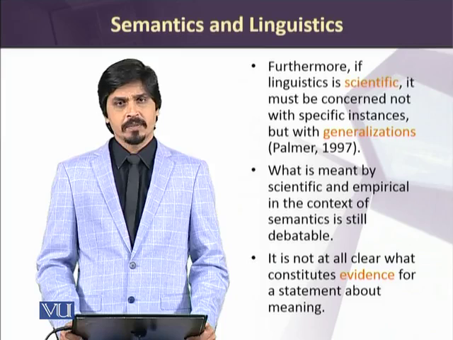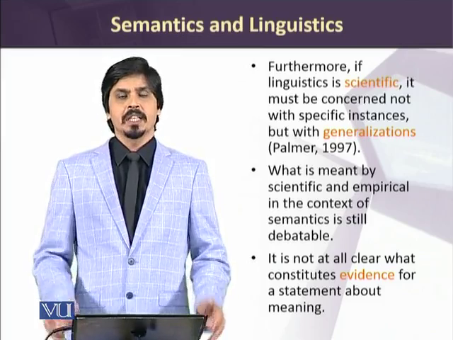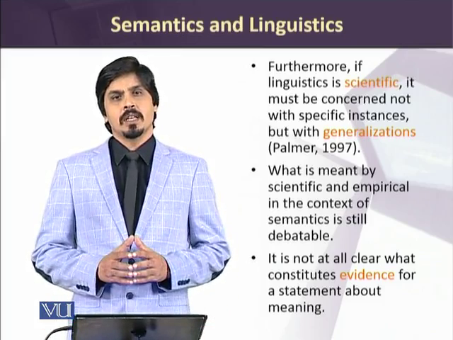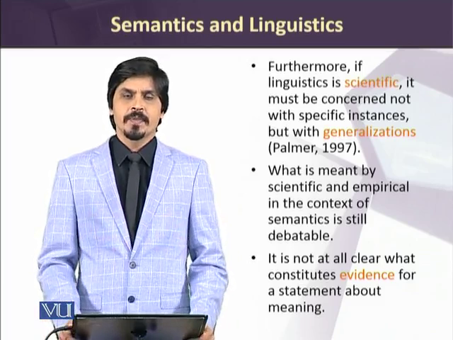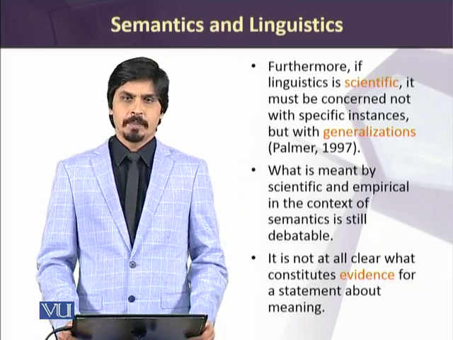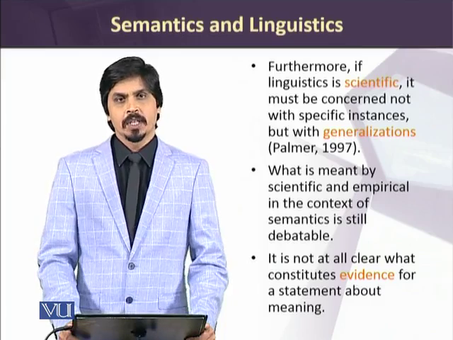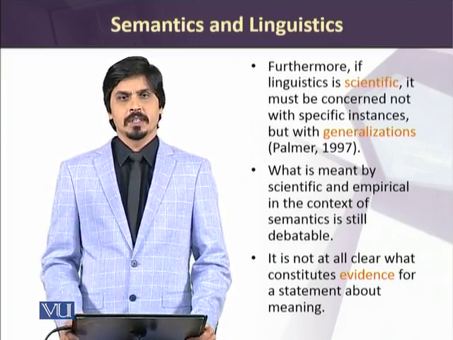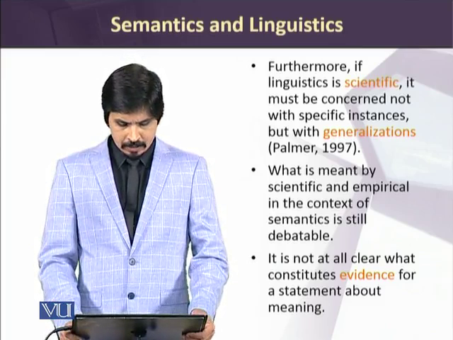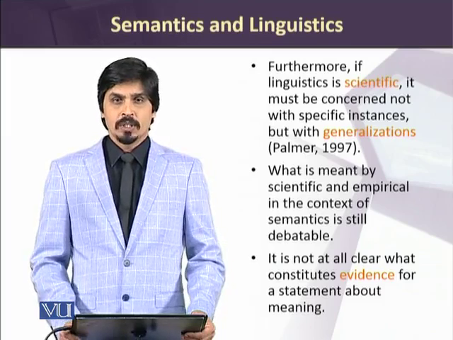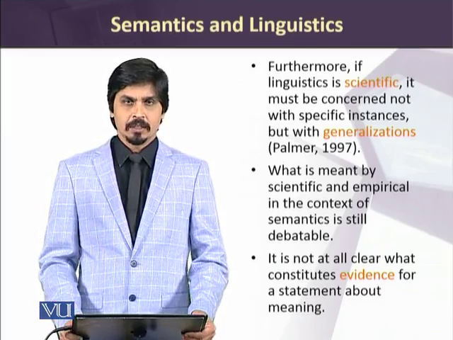What is meant by scientific and empirical in semantics is still a debatable point, because the meanings it deals with are prone to change with various conventions, with various cultures, and even with the passage of time. So any study which covers the meaning of a language may not be as scientific as true scientific knowledge claims itself to be. That's why it's not clear what constitutes evidence for any statement about meaning.